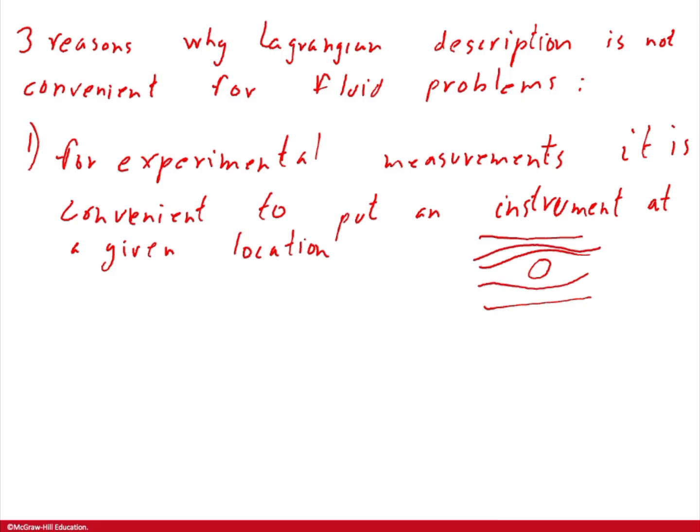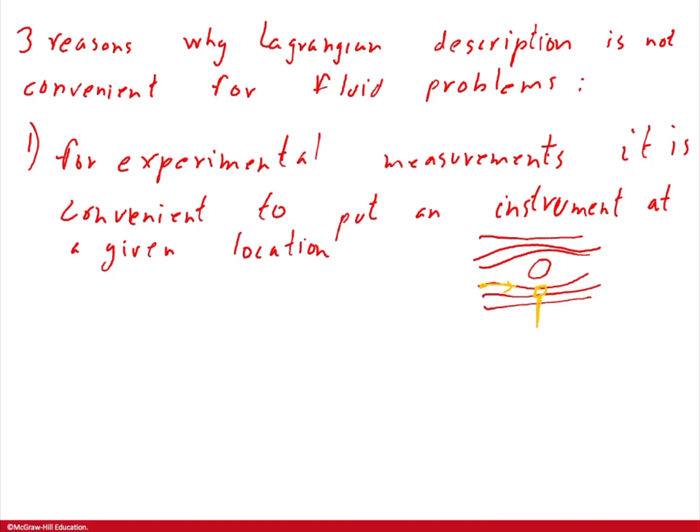If I have to measure, let's say, the pressure at this point or the velocity at this point, it's more convenient to stick a sensor at this location and just measure the variations of pressure or flow around that point, rather than developing a sensor that can flow along with the fluid itself, right? Okay, so that's one of the reasons.